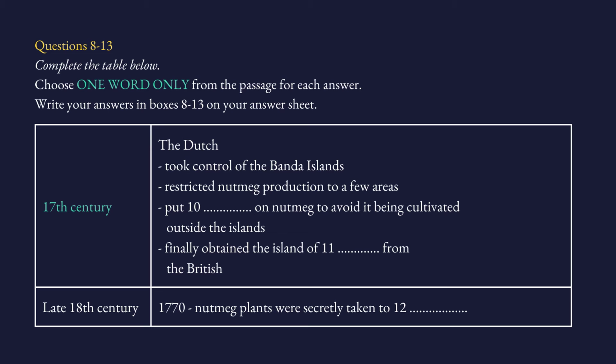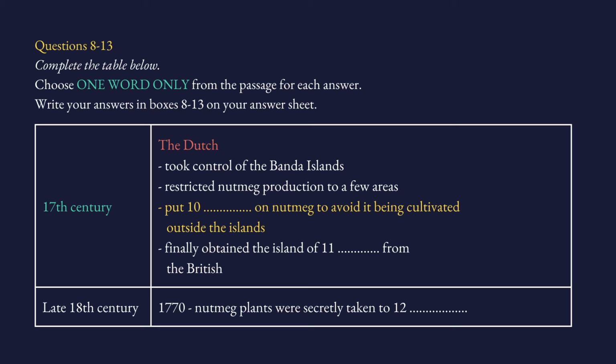So for questions 10 and 11, we have this Dutch here, and the rest are related to the Dutch. So we have these two sentences. They are not within the question. I'm skipping, but please read them. They can help. So I'm going directly to number 10. The Dutch put something, we don't know what that something is, on nutmeg to avoid it being cultivated outside the islands.